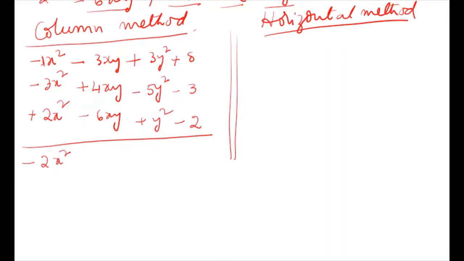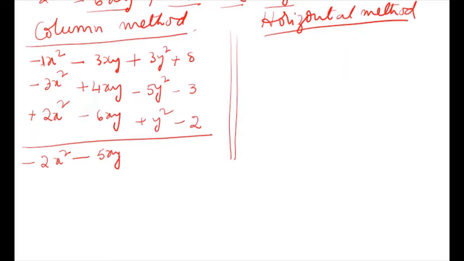Okay, and you are aware of integers. Okay, the sign of the bigger number will come. So minus 4x square plus 2x square will give you minus 2x square, and here minus 6xy minus 3xy is minus 9xy. Minus 9xy and plus 4xy will give you minus 5xy, right?